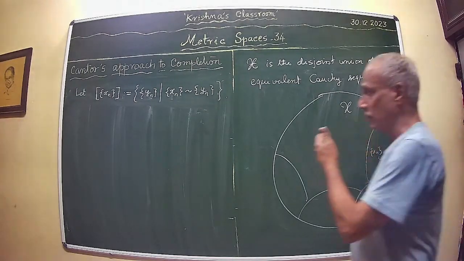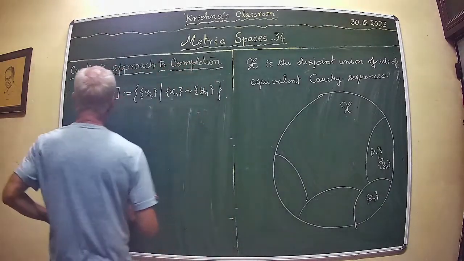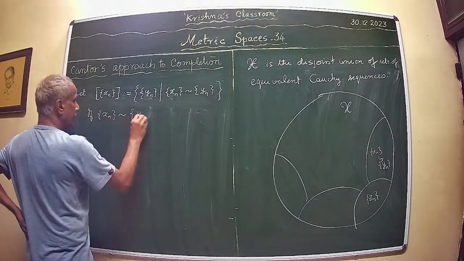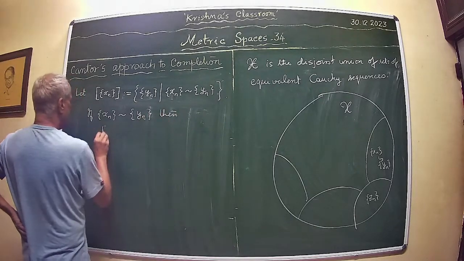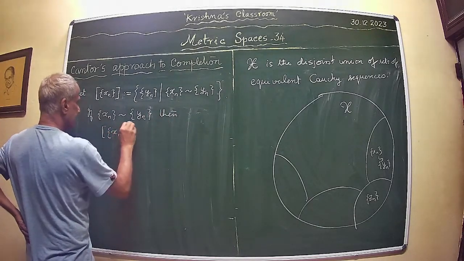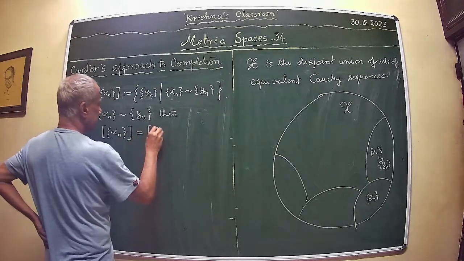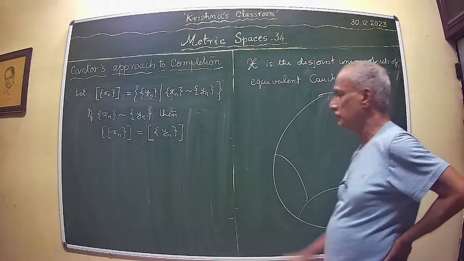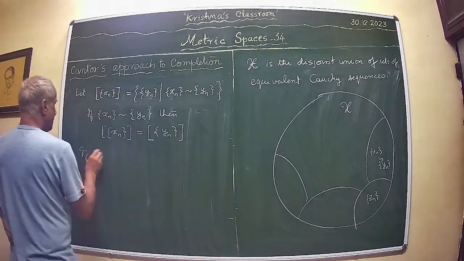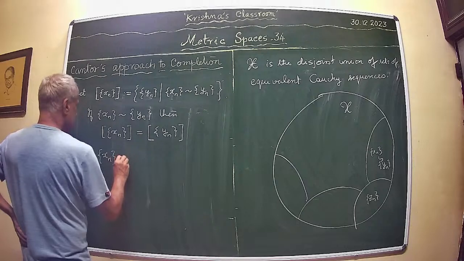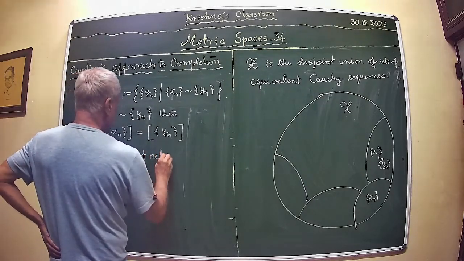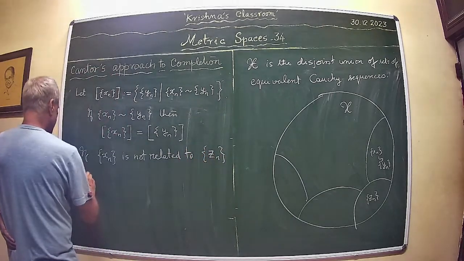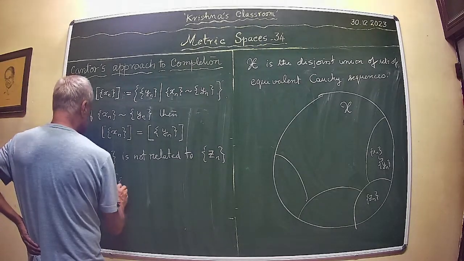So what you observe is that if xn is related to yn, then the block consisting of xn is the same as the block consisting of yn. If xn is not related to zn, then the intersection of the block consisting of xn and the block consisting of zn is empty.